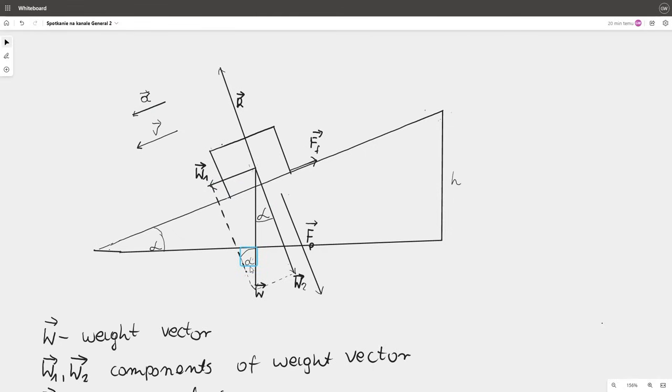Sine of alpha is equal magnitude of W1 divided by magnitude of weight. Cosine of alpha is equal magnitude of W2 divided by magnitude of weight.